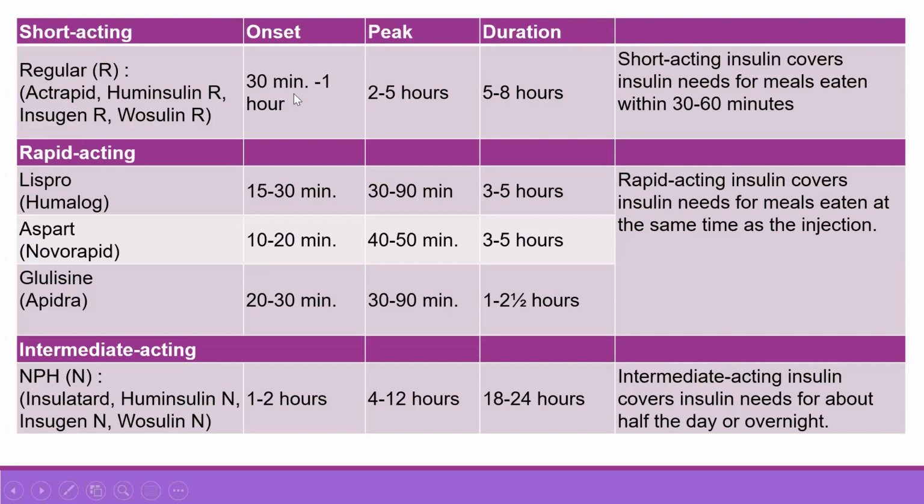As I've told you, they take time to act, so you have to inject them about half an hour before the meal. They have a big action and a slightly longer duration of action, and are therefore expected to produce some hypoglycemia, especially when given before breakfast. Sometimes we find that this insulin is associated with pre-lunch or mid-morning hypoglycemia.